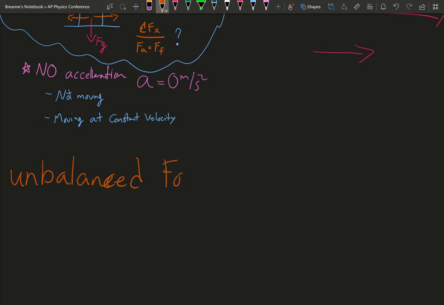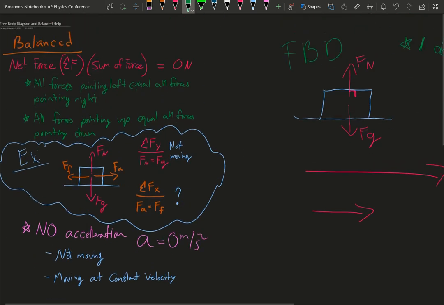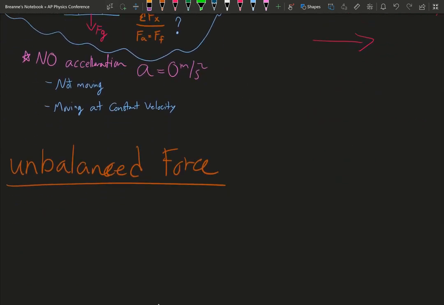So that's what we're dealing with most of the time: unbalanced forces. Unbalanced forces means you have a net force. So your net force is some type of number.